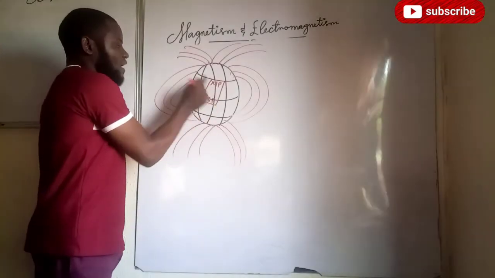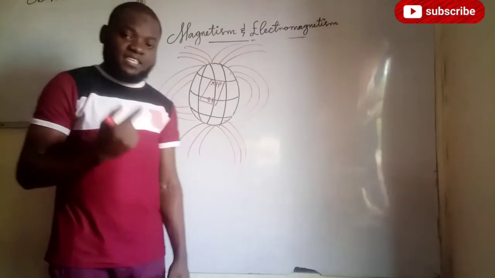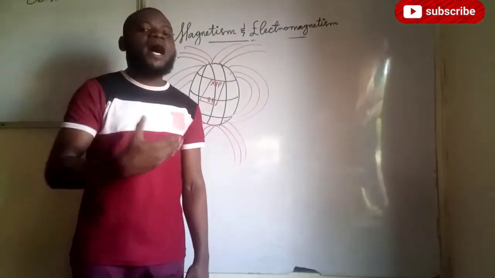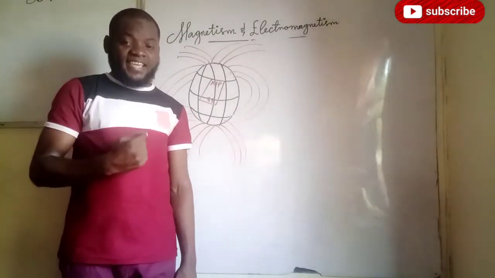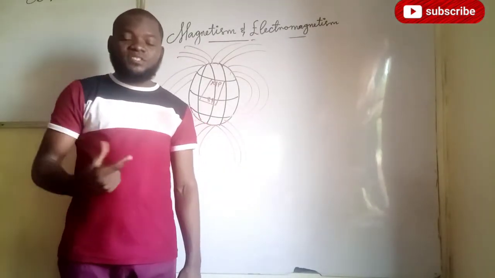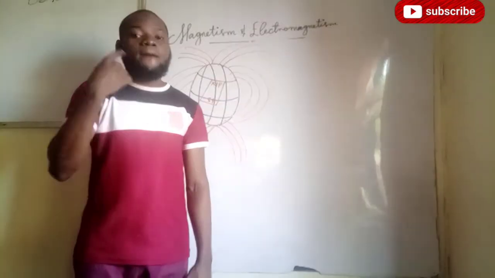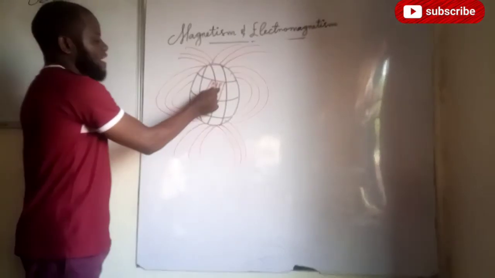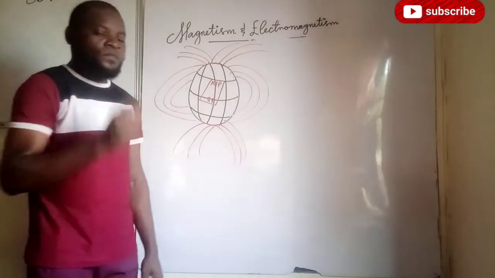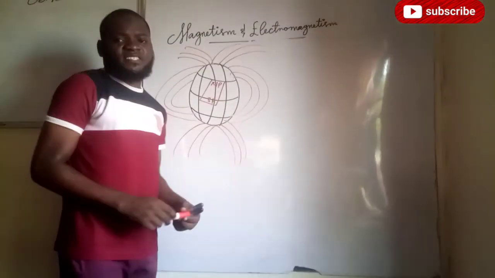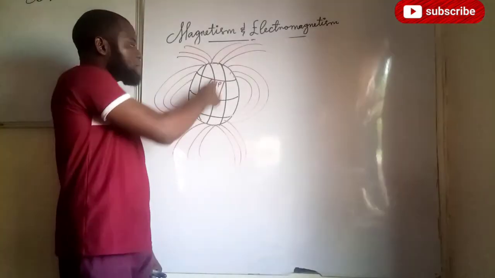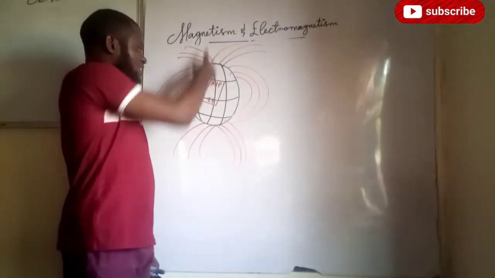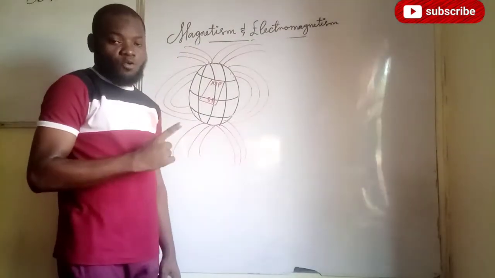If you look at this now, we said the Earth's magnetic field is approximately an imaginary bar magnet. Take it again. Earth's magnetic field is like an imaginary bar magnet. So if this is an imaginary bar magnet and this is my north pole and this is my south pole, now I want you to understand something between the Earth's magnetic pole and the geographical pole.